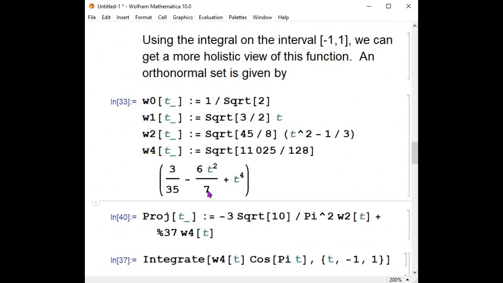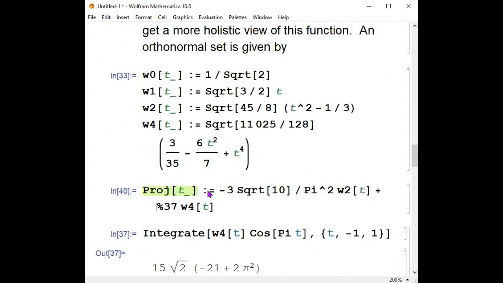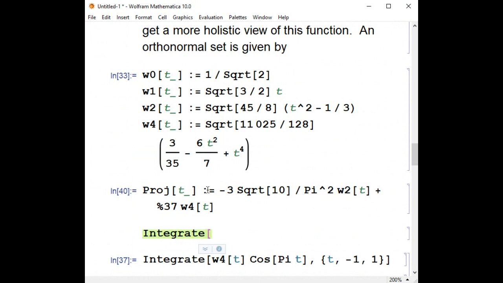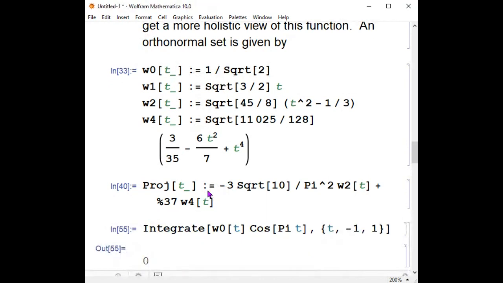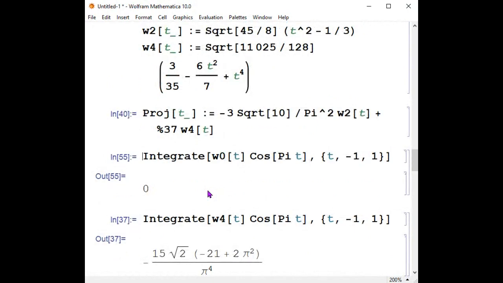All right, now, how will I get my coefficients? Well, I'm going to integrate w0 of t times cosine pi t from -1 to 1. And that gave me 0. Okay?